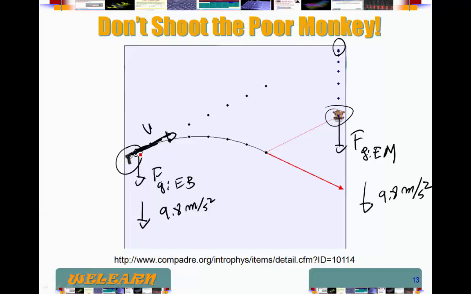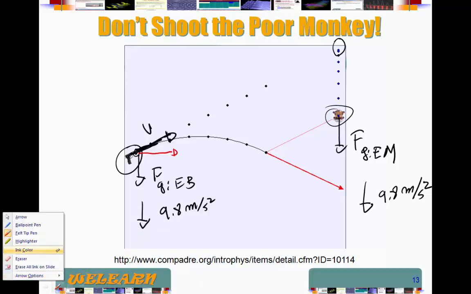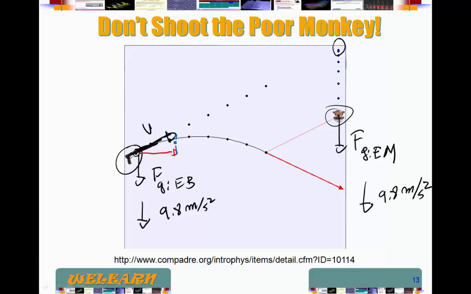A component along the horizontal and a component along the vertical. The component along the horizontal is not going to be affected by the gravitational force. However, the component along the vertical is going to be affected by the gravitational force.